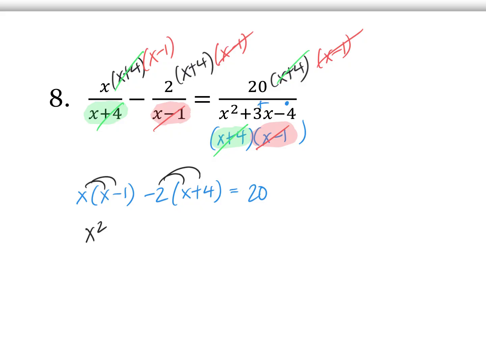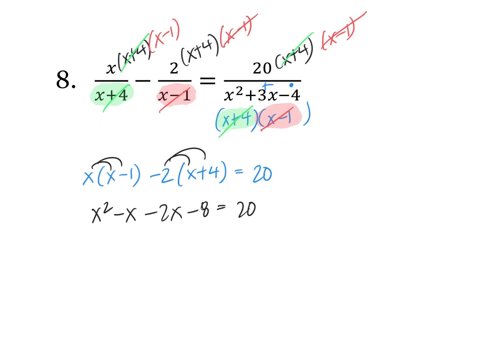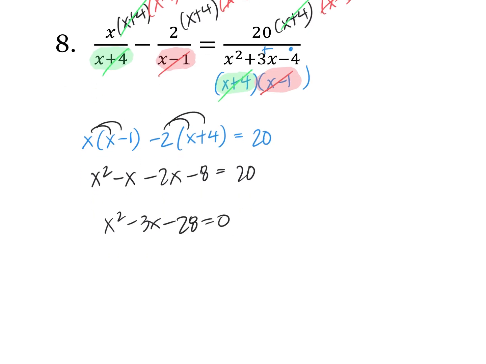So I'd have x squared minus x minus 2x minus 8. So x squared minus 3x minus 28. I moved all those to be set equal to 0 so that I could factor it. What multiplies to be negative 28 adds to be negative 3? 7 and 4, which one needs to be negative?